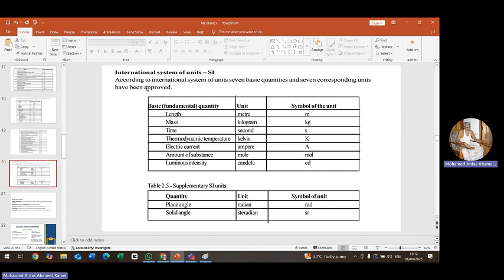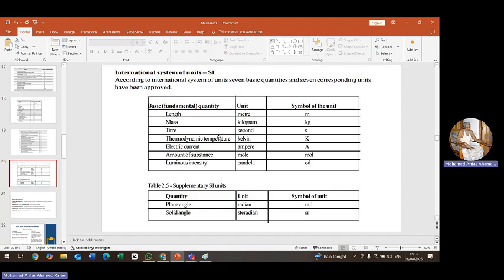These are the 7 basic quantities: length, mass, time, thermodynamic temperature, electric current, amount of substance, and luminous intensity.